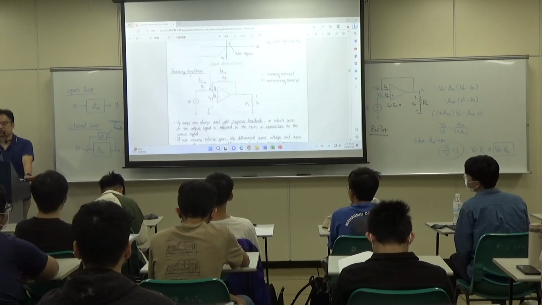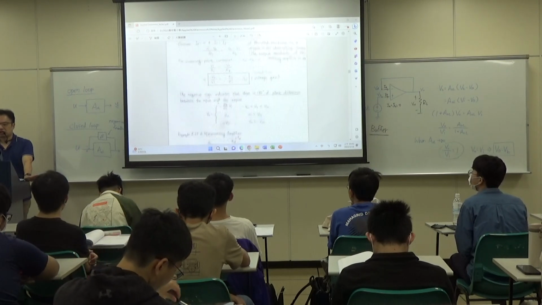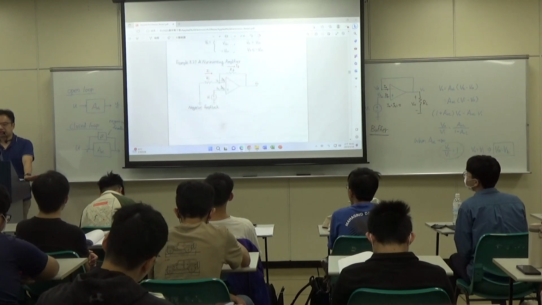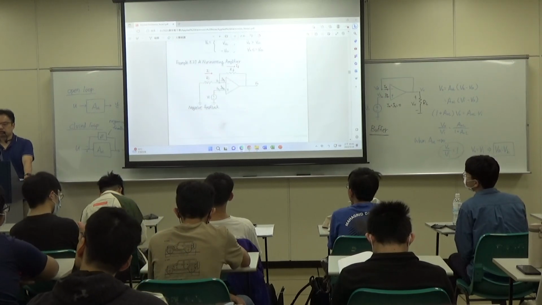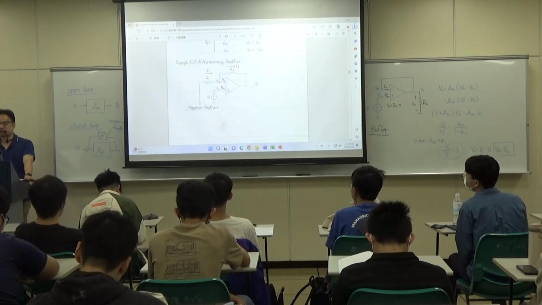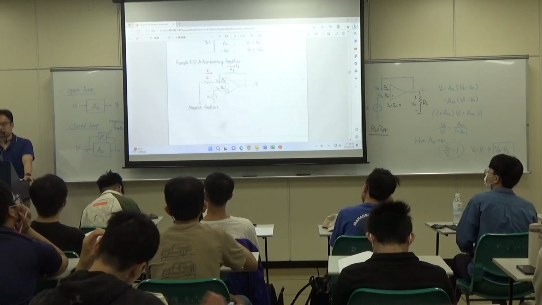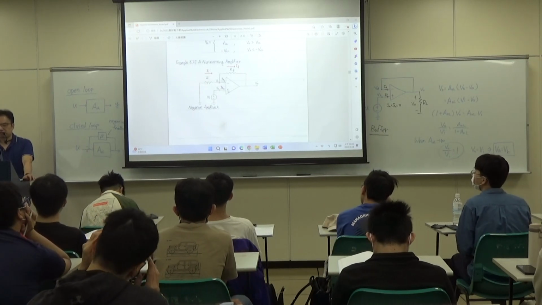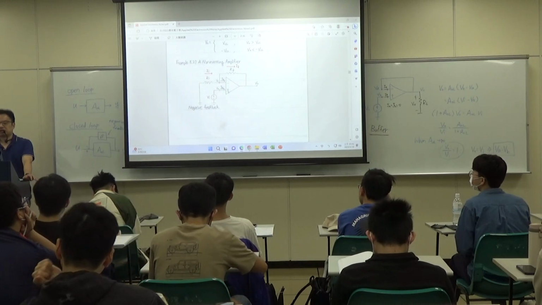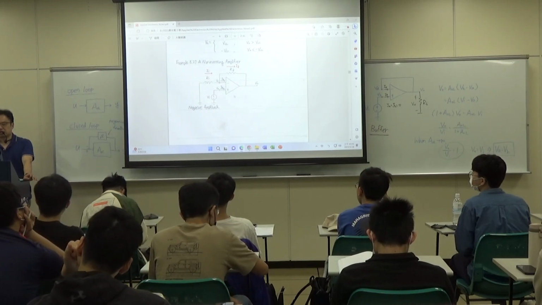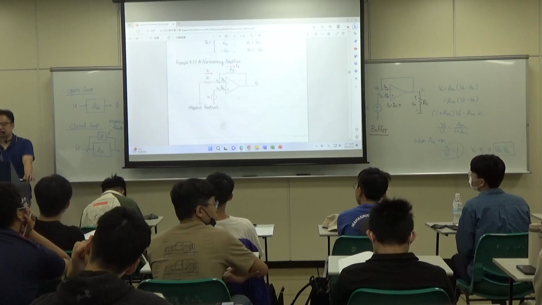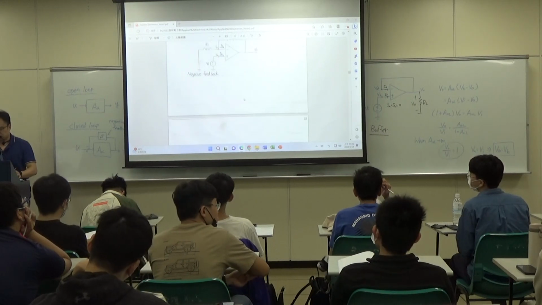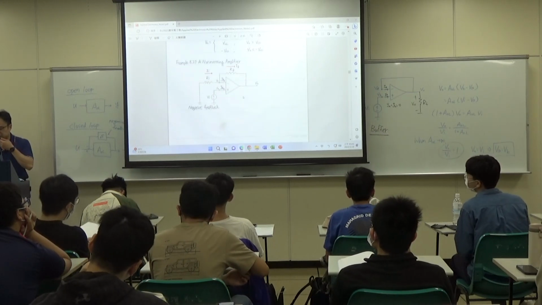So we call it an inverting amplifier. And if we connect the input voltage to the positive terminal, which we call the non-inverting terminal, its closed loop gain is what we calculated yesterday, right?